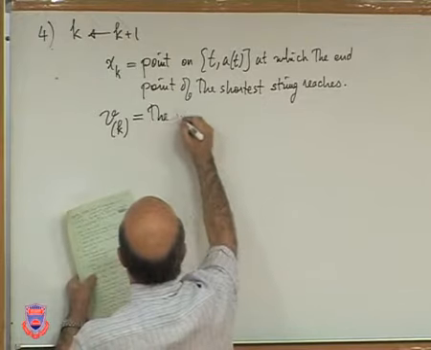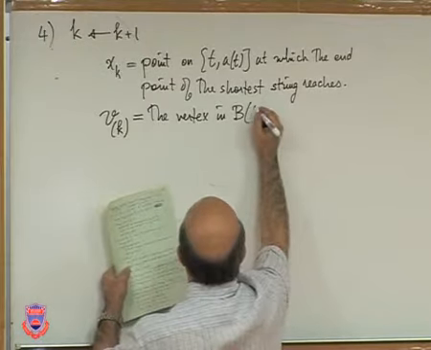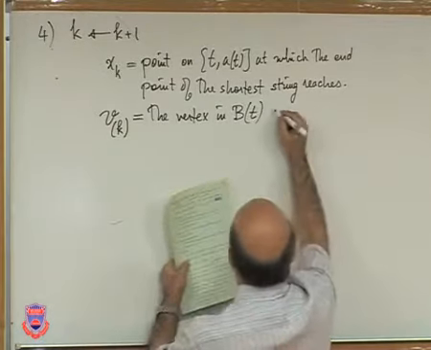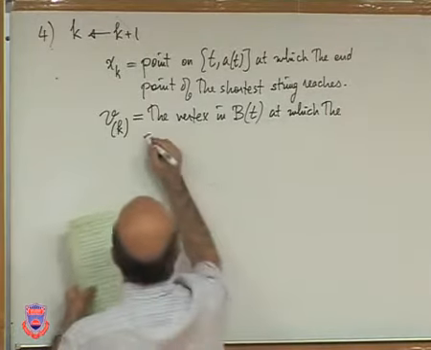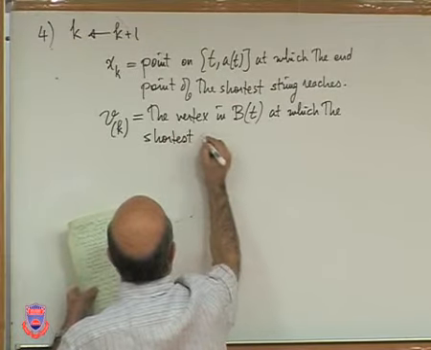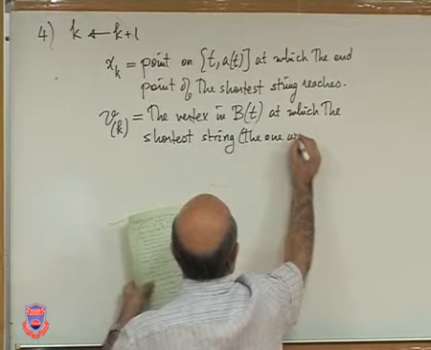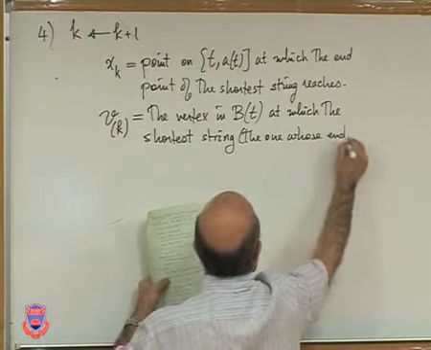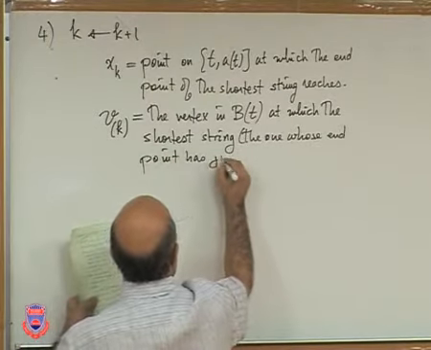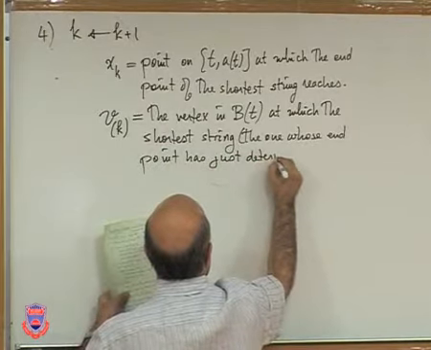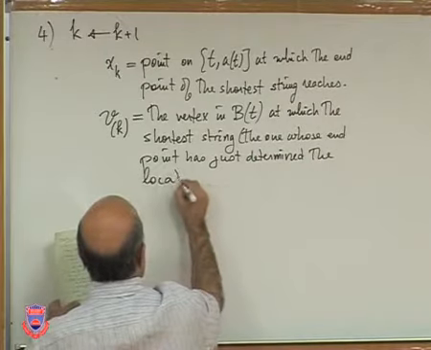It's the vertex in the brown tree rooted at T at which the shortest string, the one whose endpoint has just determined the location of xk, was originally fastened.